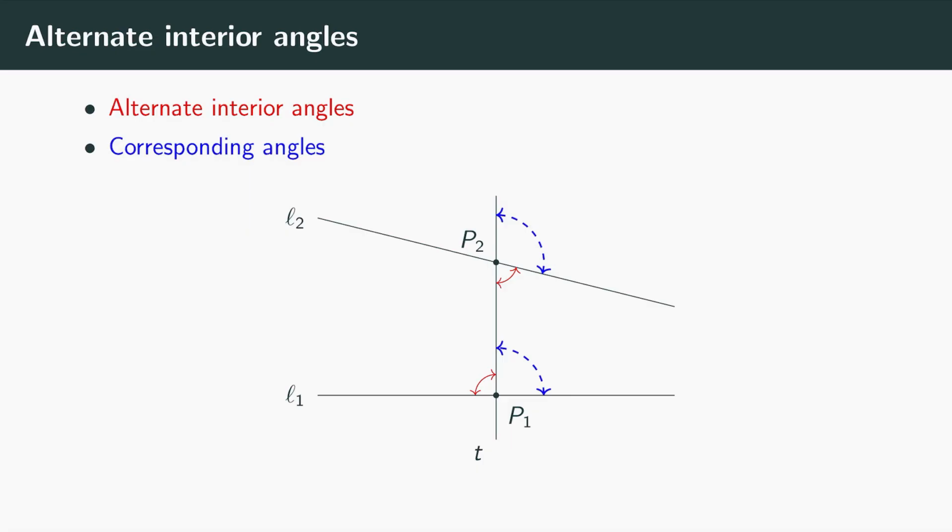And I will point out, of course, that we have two pairs of alternate interior angles. Those I just drew in there in red. That's another pair of alternate interior angles. And we similarly have other pairs of corresponding angles. I'm not going to draw all of them. It'll make my diagram way too cluttered.